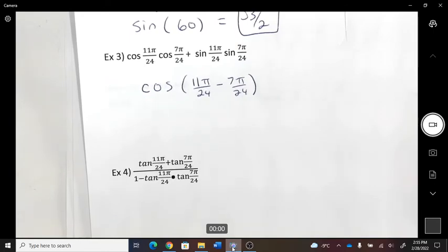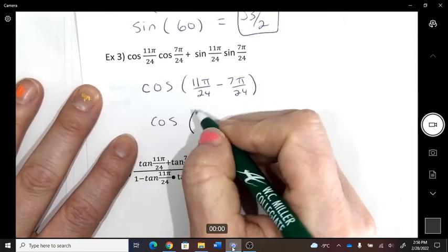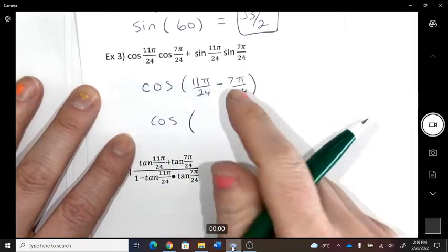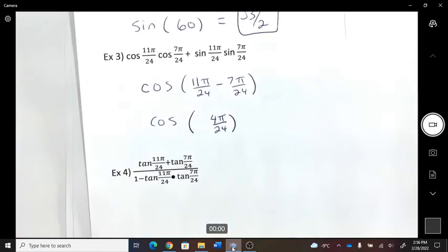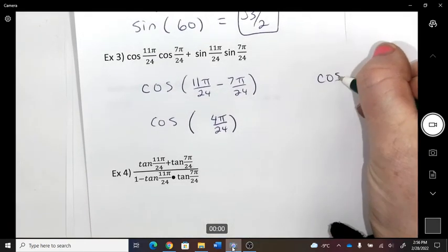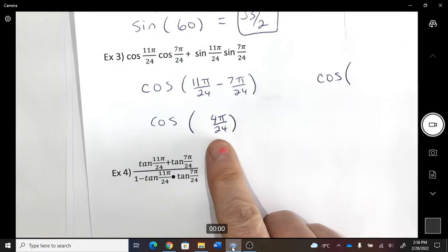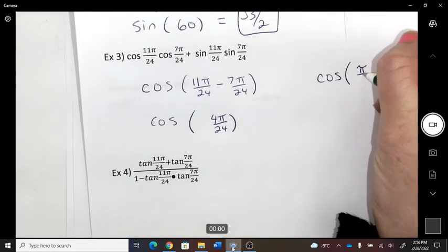That's good. Have you found the match? Okay, can you simplify? What's 11 subtract 7? So that's 4 pi over 24. Can you reduce this fraction, as in divide everything by 4, which would become pi over 6?